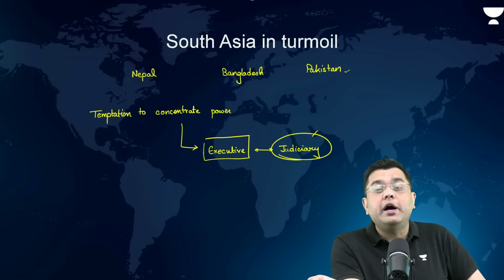And eventually it can lead to authoritarianism. Then, equality before law, and the central role of independent courts as sentinels of the rights, upholders of the rights of the people. That is where you need independent courts.